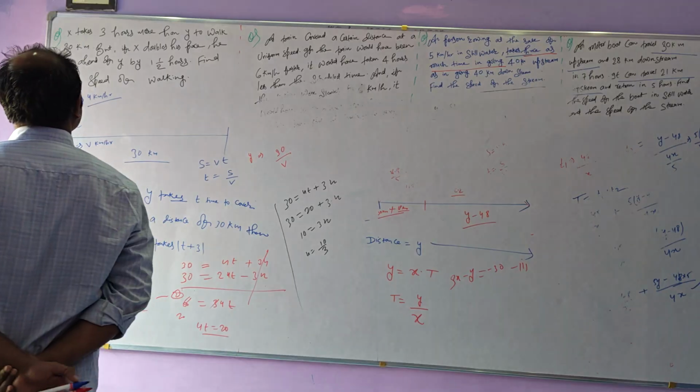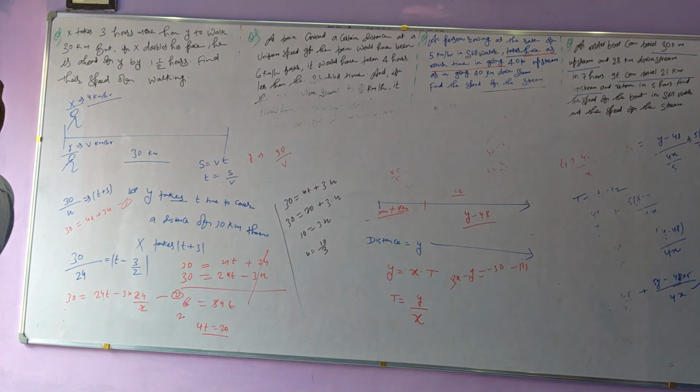X takes 3 hours more than y to walk 30 kilometers, but if x doubles its pace, x is ahead of y by 1.5 hours. Find their speed of walking.